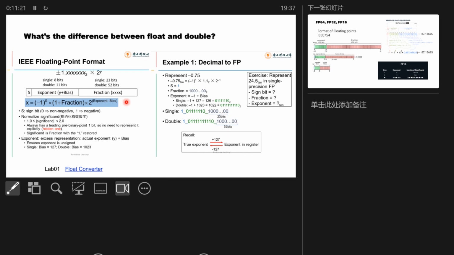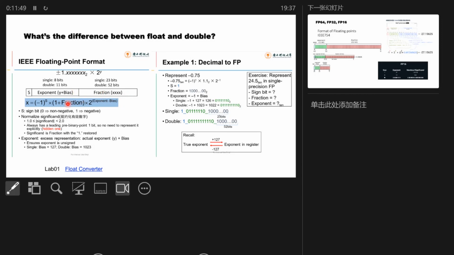And the first bit is the sign bit. That is, 0 means greater than or equal to 0, and 1 means negative. And for the exponent, we can use the exponent minus the bias to get a number.